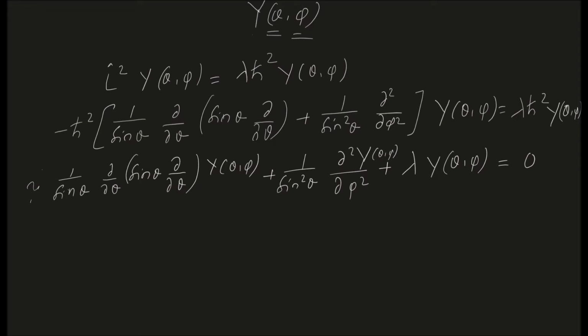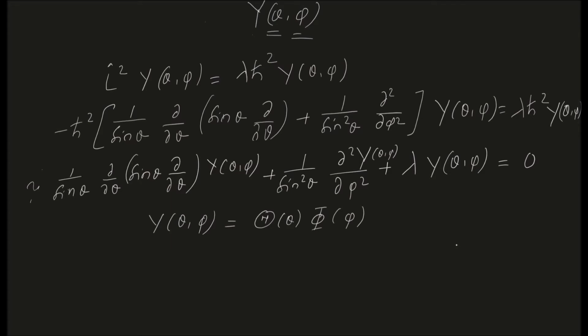Now we use the method of separation of variables, the standard technique that we have used several times in quantum mechanics. So with that we split this Y theta phi as the product of two independent functions, capital Theta of theta and capital Phi of phi, where capital Theta depends only on the variable small theta, and capital Phi depends only on the variable small phi.